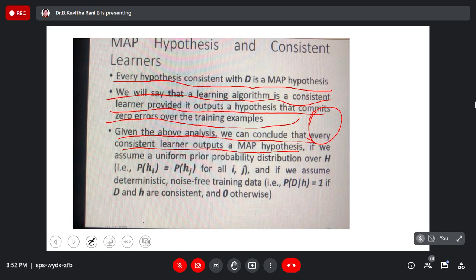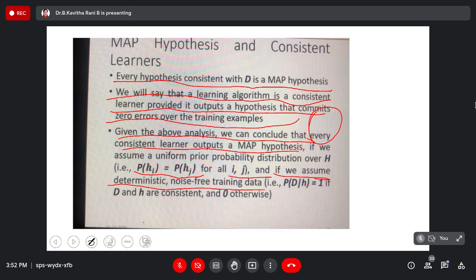Okay, so here every hypothesis will have a prior probability, that is P of Hi is equal to P of Hj for all i, j in H. And here we assume deterministic, noise-free training data.